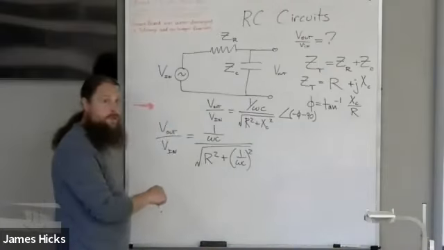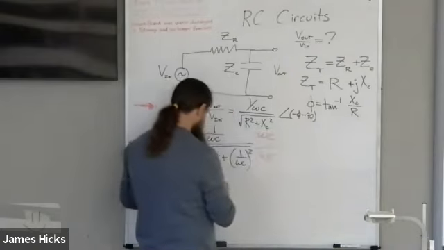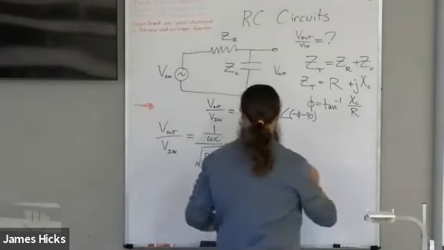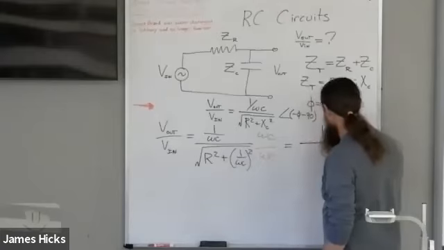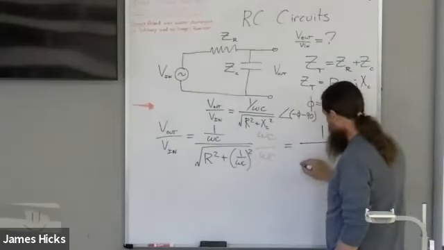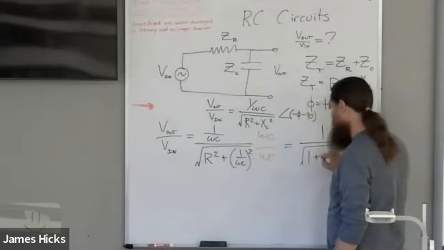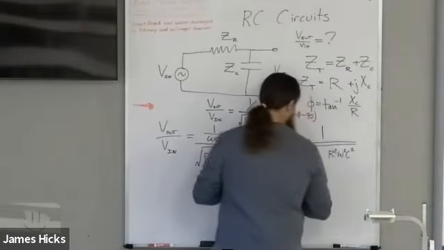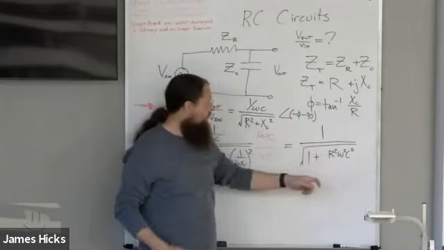So I'm going to do just a quick little bit of algebra. Multiply the top and bottom by C. And it's going to make our gain look like 1 over square root of 1 plus R squared omega squared C squared.